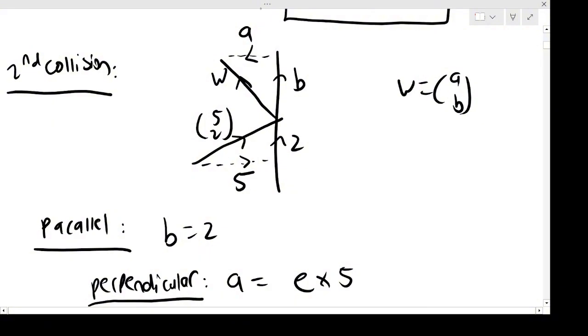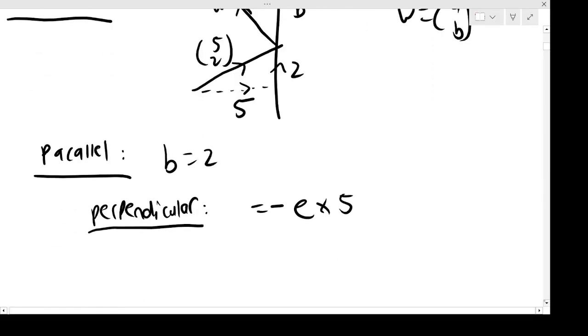Also notice a is going to be negative, because a is going to the left in the negative direction, so we need to pay attention and negate that. So we also know e is minus a half.